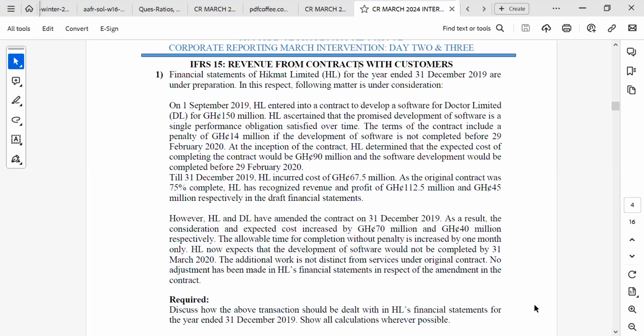Okay, so you can see that that is what they have done. As the original contract was 75% complete, the company recognized revenue and profit of 112.5 million and 45 million respectively in the draft financial statements. Did the company receive any amount from the people? Is there any amount received?